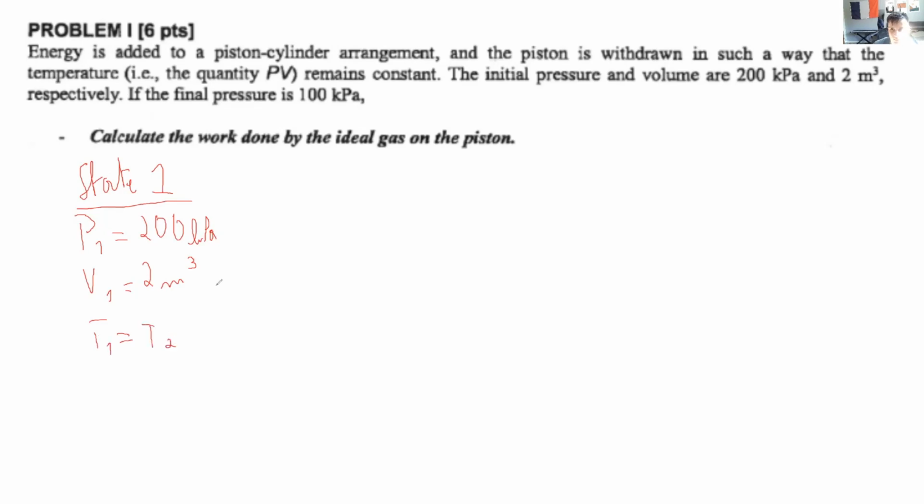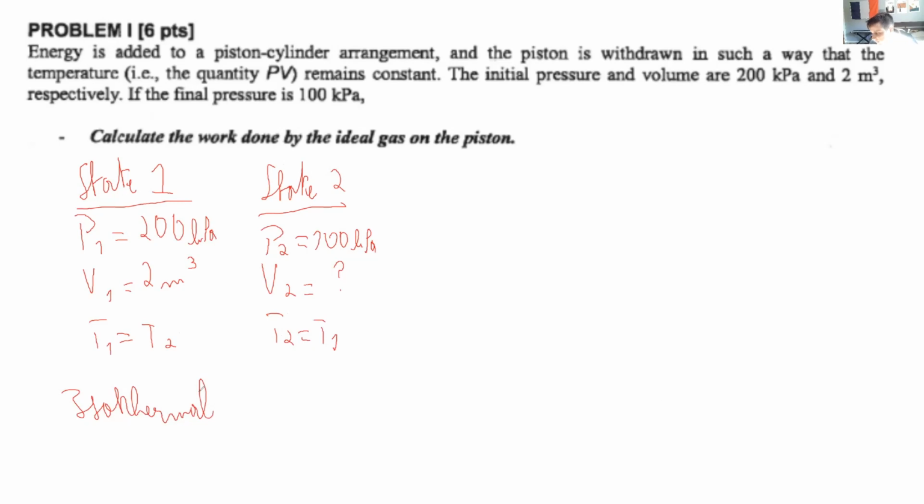State 2: P2 is 100 kilopascal, V2 we don't know, T2 is equal to T1, aka isothermal. Okay, and they tell us ideal gas.